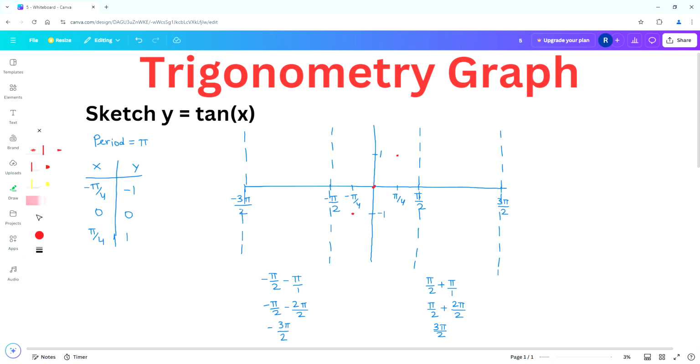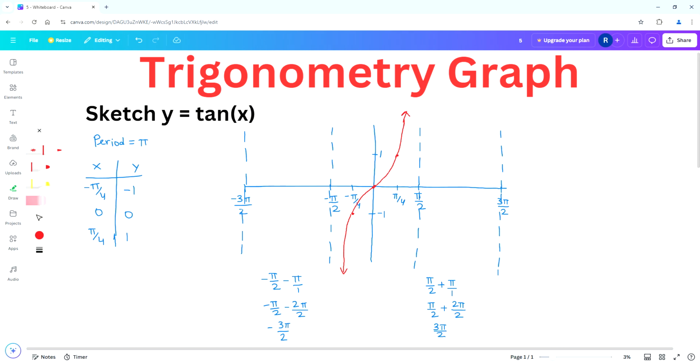On the left side, the curve should go along the vertical asymptote in the downward direction. On the right side, the curve should go in the upward direction along the vertical asymptote. This can be the curve for tan x between the vertical asymptotes at negative pi over 2 and pi over 2. The curves will look the same between all consecutive vertical asymptotes.